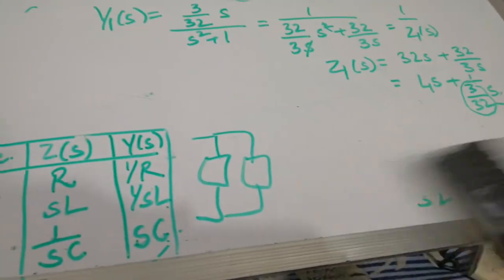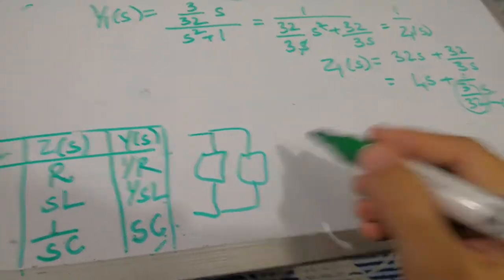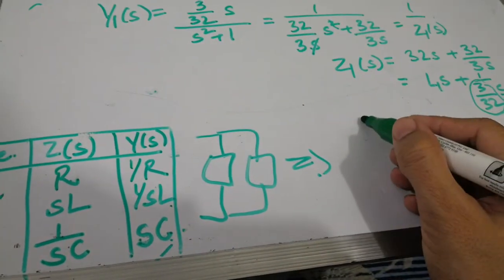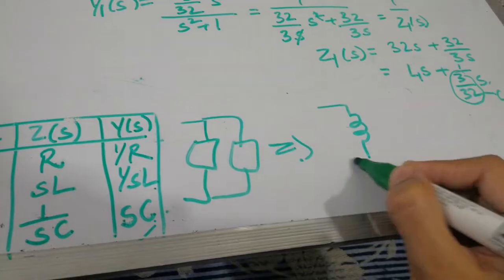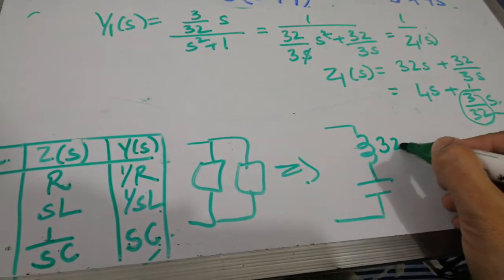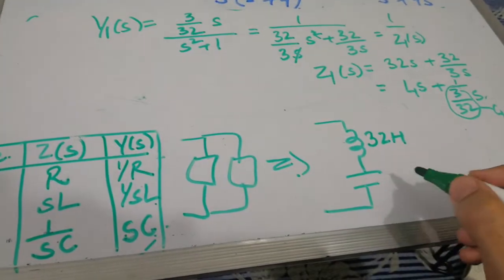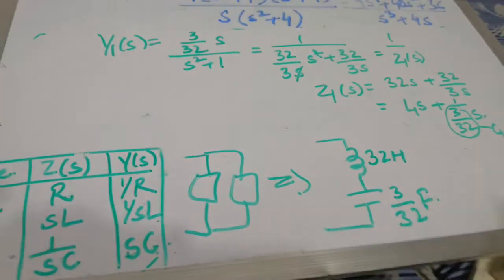So I am just going to put these values. So this value is going to be the series combination of L1, which is 32 Henries, while my C is going to be 3 by 32 farads.